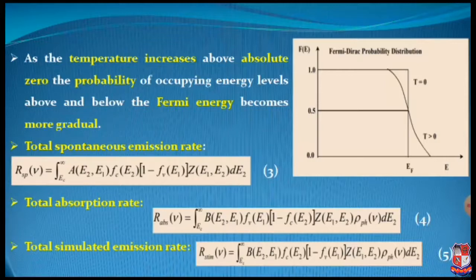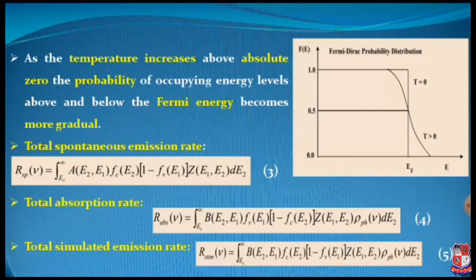So what is the total spontaneous emission rate? That is R_sp(V) equal to the integration from EC to infinity, from the conduction band to the uppermost higher energy level, of A(E2, E1), which is a function of the energy, times FC(E2), which we have seen earlier, times 1 minus FV(E1), times Z(E1, E2) dE2.